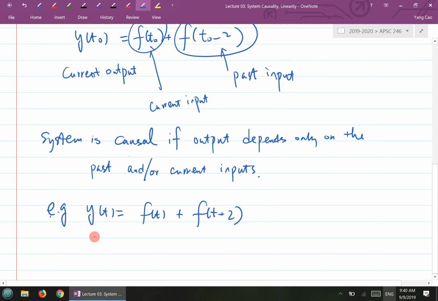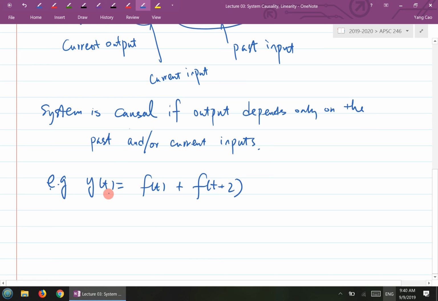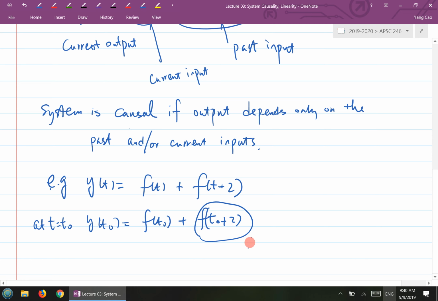So if you substitute any time moment, at t equal to any t naught, suppose t naught is the current time moment, it is very obvious that your current output depends on the current input plus this term here, what we call future inputs.